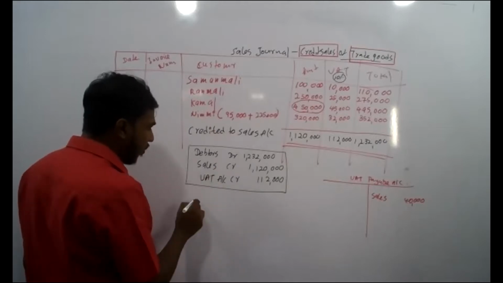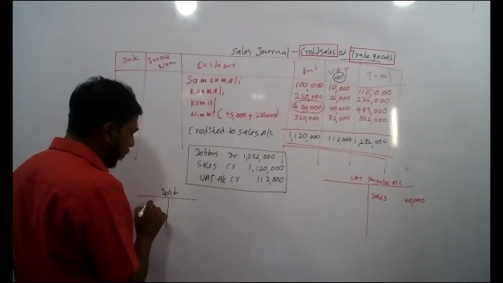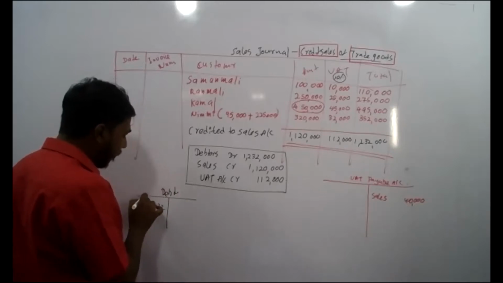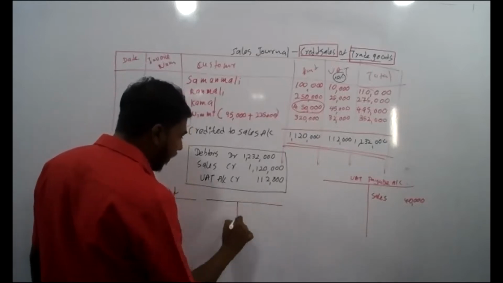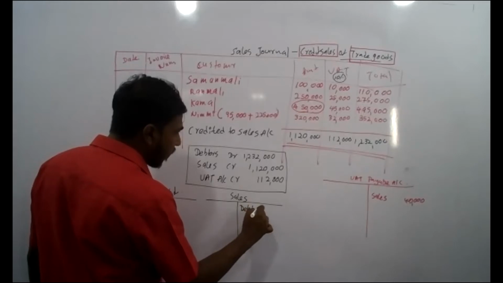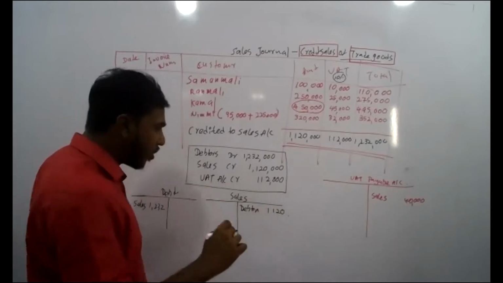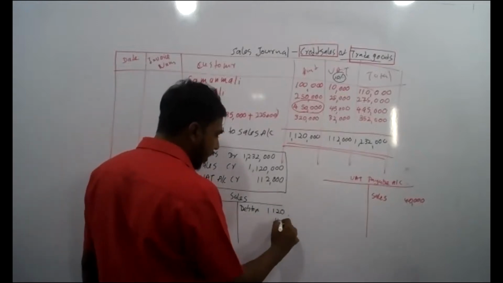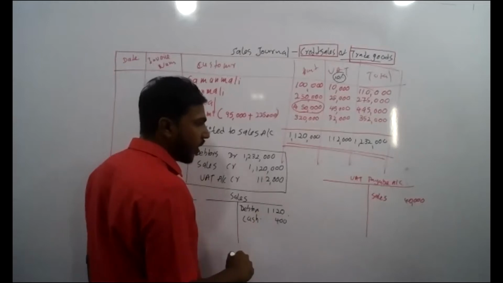Now we'll take it for accounts. I would say this is my debtors account. Amount is 1,232,000. I would say this is sales. Then sales account should be credited how much? Debtors 1,120,000. Can you remember there was cash sales also? Cash debit, sales credit. This is cash sales, because all the transactions you have to put in the accounts.